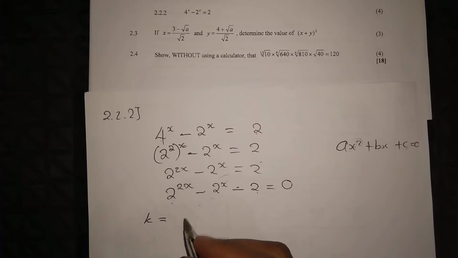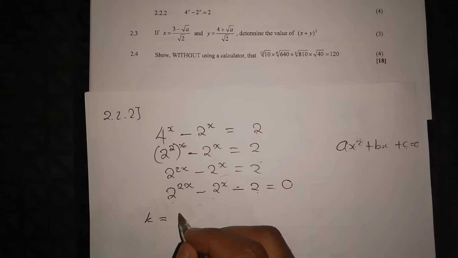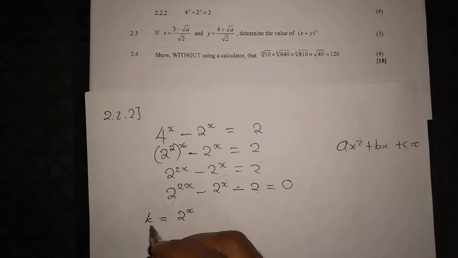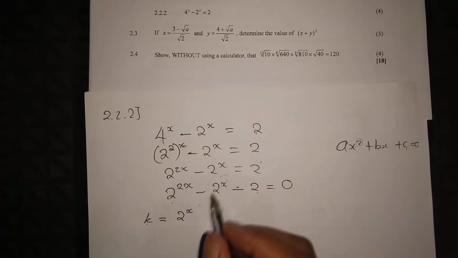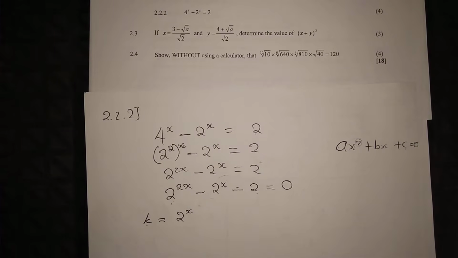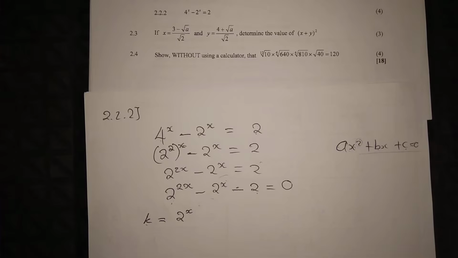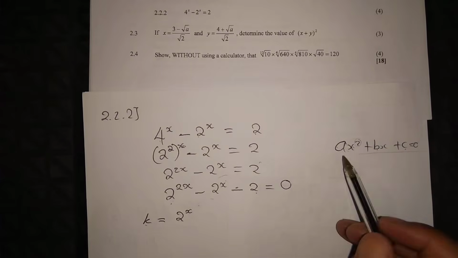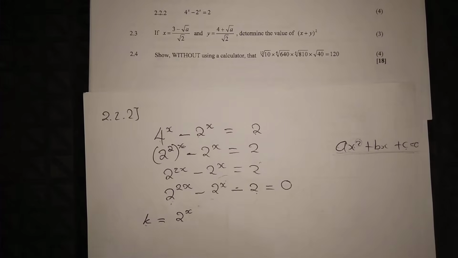the K method. So therefore, check, we can make K equal to 2 exponent x. So wherever we have 2 exponent x, I put K. If you use the K method, the quadratic equation becomes clearly visible.